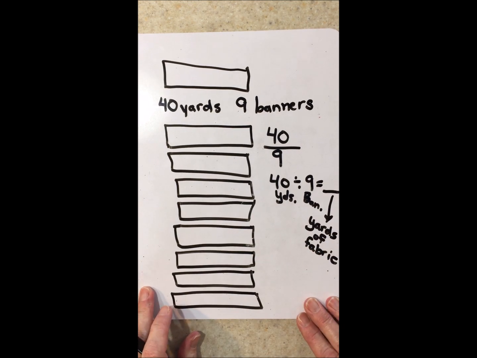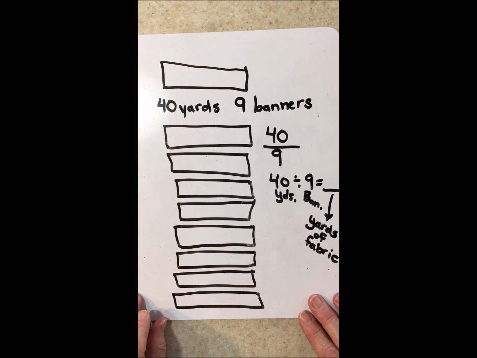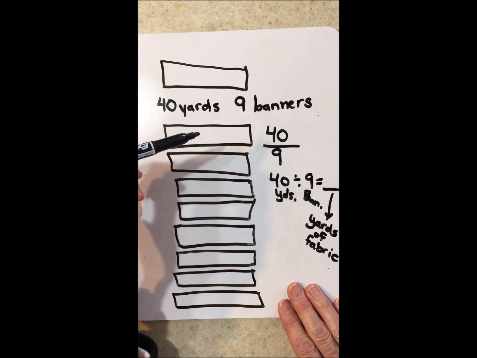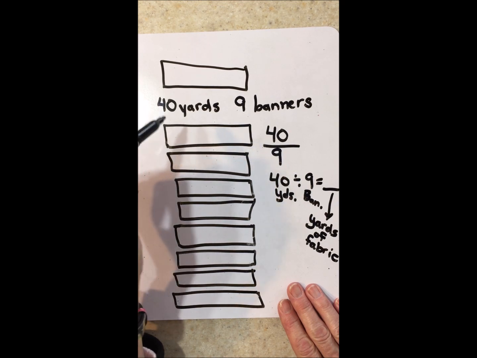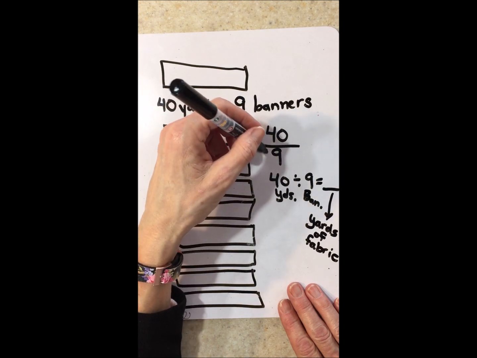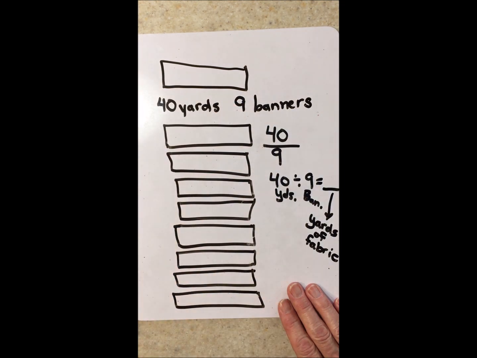Okay, let's see what we could do. What is our strategy going to be? 40 yards. Well, this could be interesting. 40 divided by 9. I would think 9 times 4 makes 36.